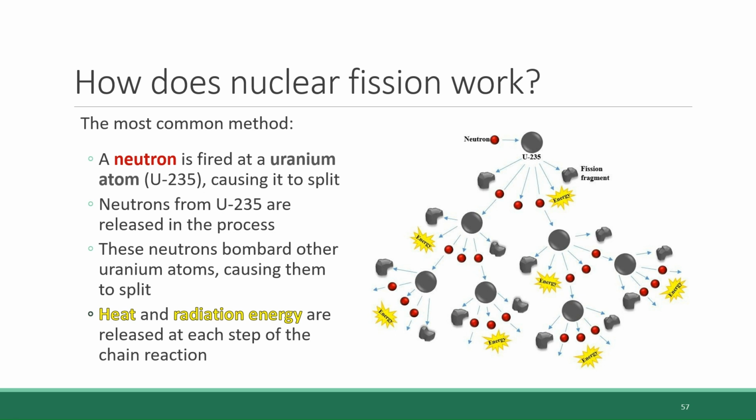And each time an atom's nucleus breaks apart, heat and radiation energy are released. And nuclear power plants will gather that energy and convert it to electricity, as we will see in just a few slides from now. But let's get back to the question of why uranium. What is it and why is it used for generating nuclear energy?